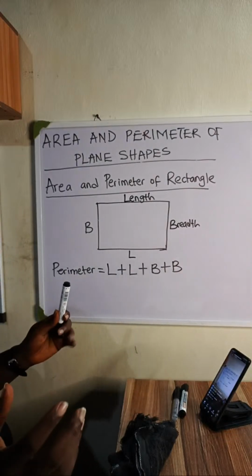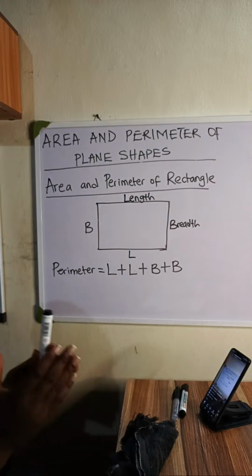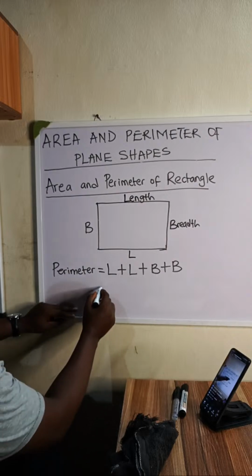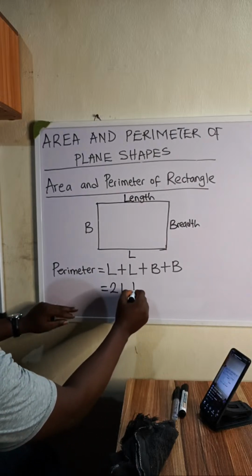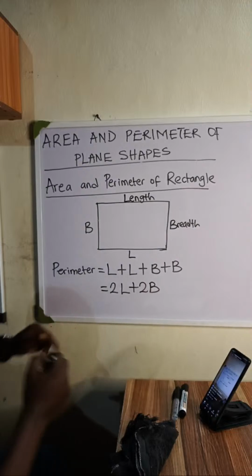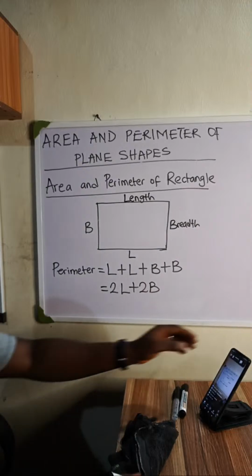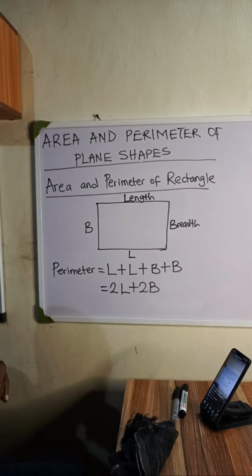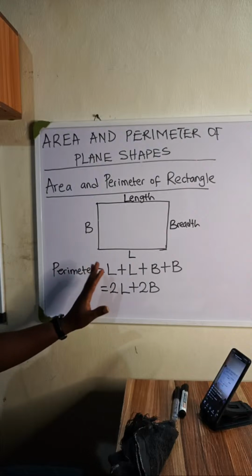All we need to do is add all the sides together. I can also reduce it to 2 length plus 2 breadth. So that gives me the perimeter of this rectangle.